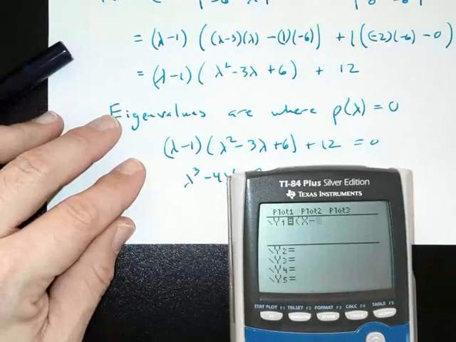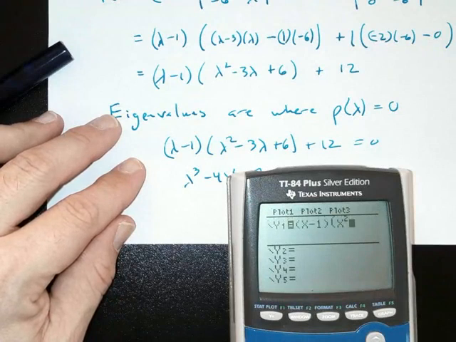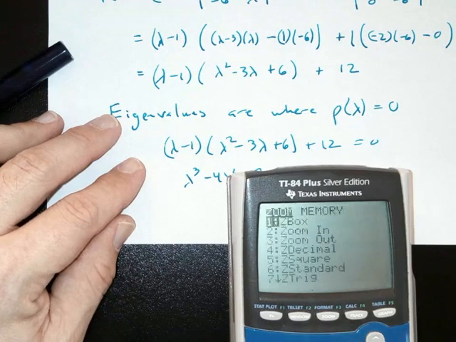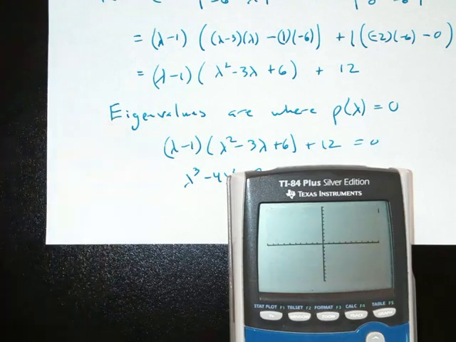I can graph it just by typing in that equation. So it'll be parentheses x minus 1, parentheses x squared minus 3x plus 6, close the parentheses, plus 12. And I take a look at that graph. Well, crap.